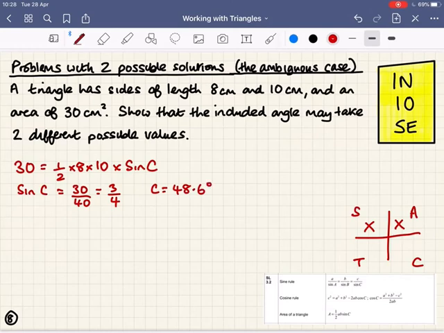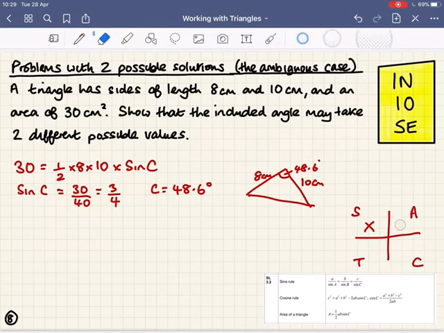And that would make sense. I could have a triangle that's got a side of 8, a side of 10, and the included angle there would be 48.6 degrees. These are centimetres, and there we go. That would work. But I also know that in my All Students Take Calculus thing that we talked about before, if I've got an angle of 48.6 giving me a sine ratio of 3/4, I could also get a sine ratio of 3/4 in this quadrant based on the angle of 48.6.